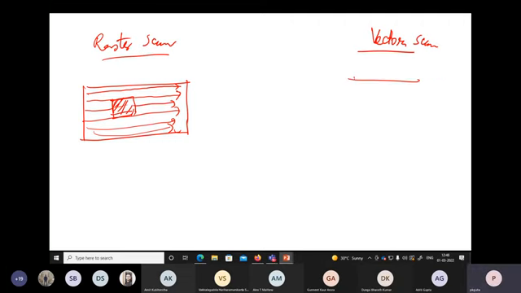In case of vector scan, it will scan only the part where it will write. So raster scan is a much slower process compared to vector scan, but vector scan is a little bit more complicated compared to raster scan.